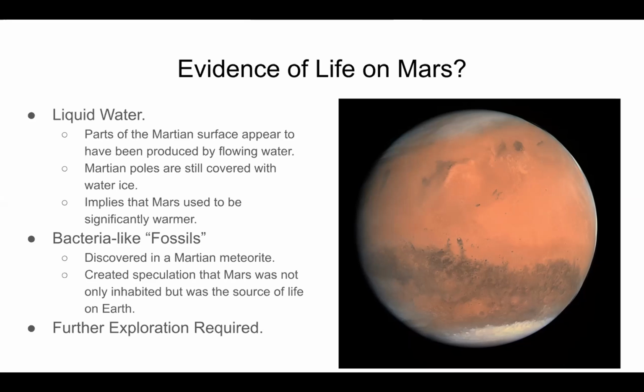Also, bacteria-like fossils were discovered in a Martian meteorite, which created the speculation that Mars was once inhabited, and was also the source of life on Earth. But further exploration is still required, so no one's 100% sure.